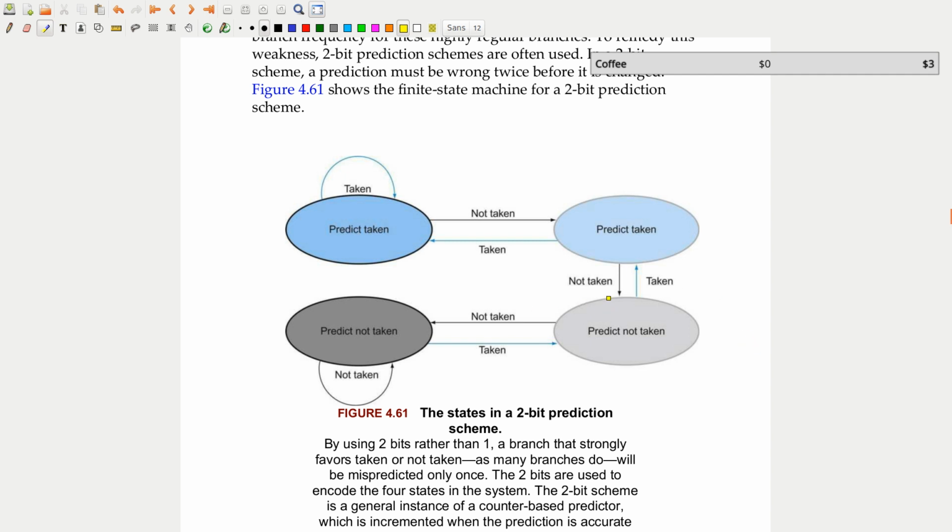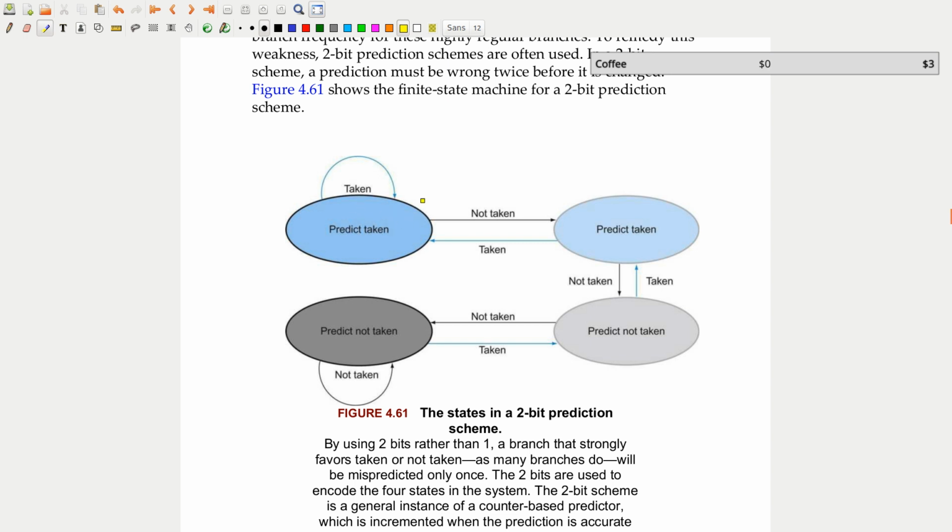One scheme that is very simple to understand is a 2-bit prediction scheme. In a 2-bit prediction scheme, we don't immediately switch from taken to not taken for a prediction. It has a little bit of hysteresis. I'm never sure how to pronounce that.